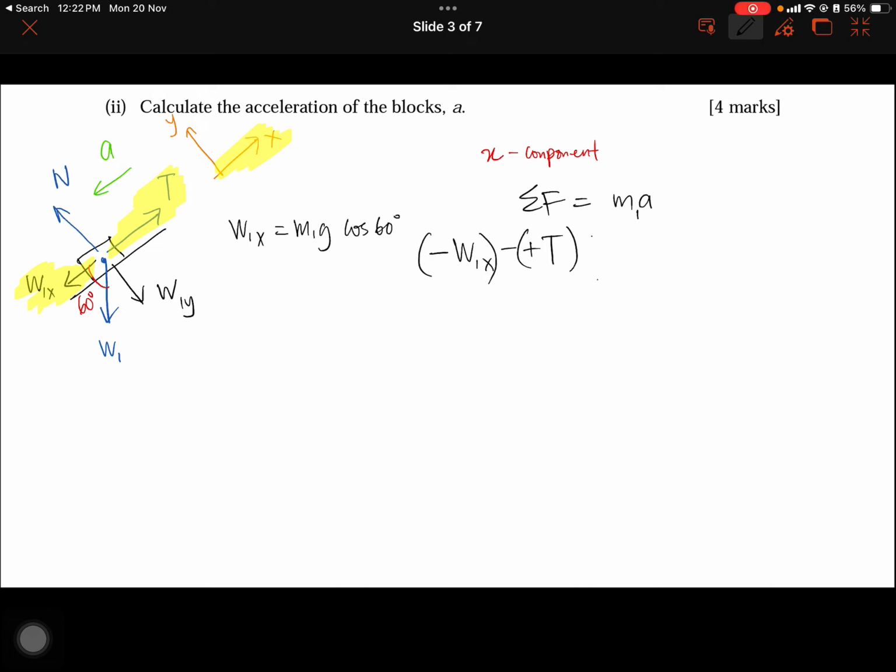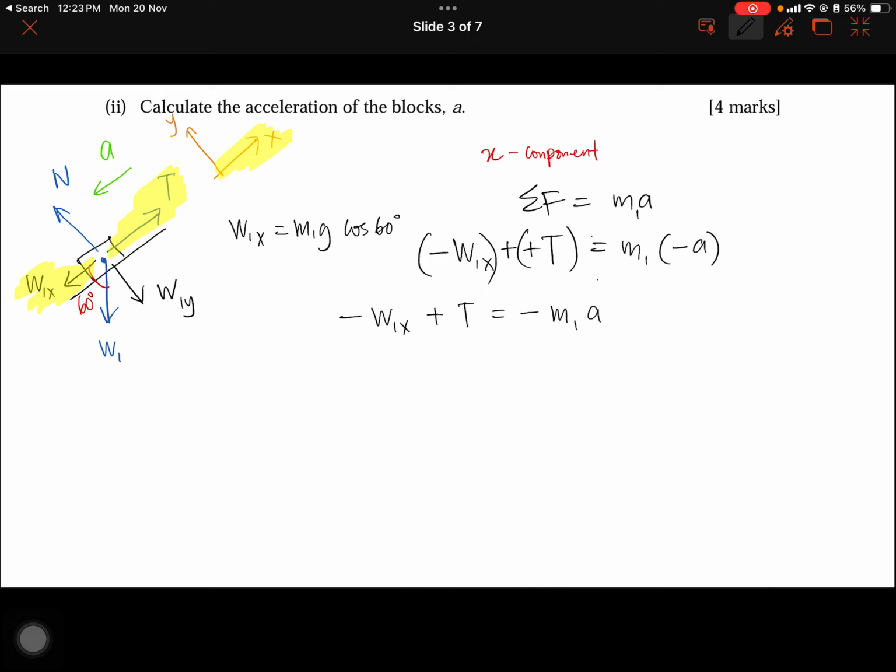Because the summation adds all of the 2 forces together, then m1, and we also put in the sign for the acceleration, which is going to be negative a, because a is to the left. So we have the formula: negative W1x plus positive T is equal to negative m1a.